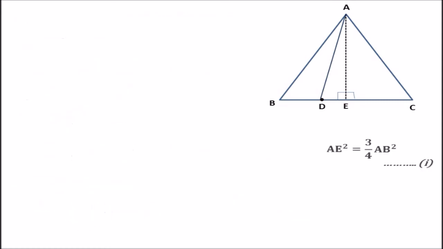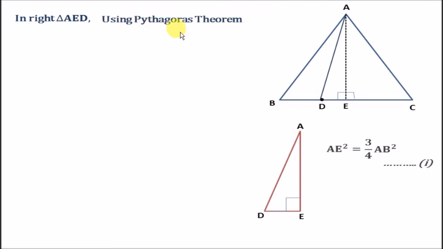Now, in right triangle AED, we have AD as the hypotenuse. So, using Pythagoras theorem, we will get DE square plus AE square equals to AD square.